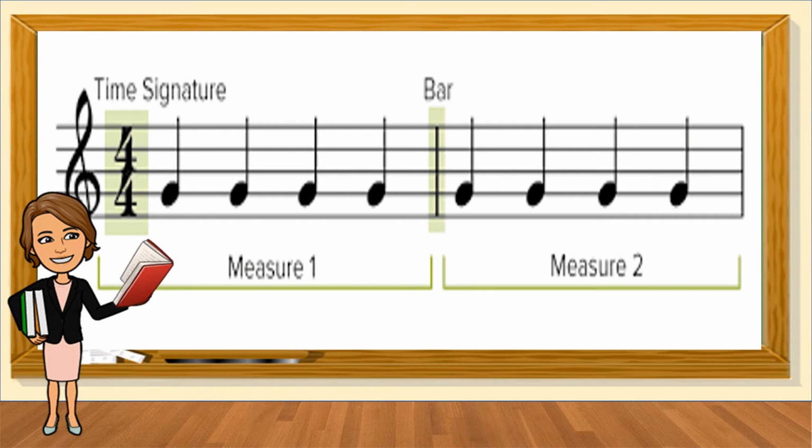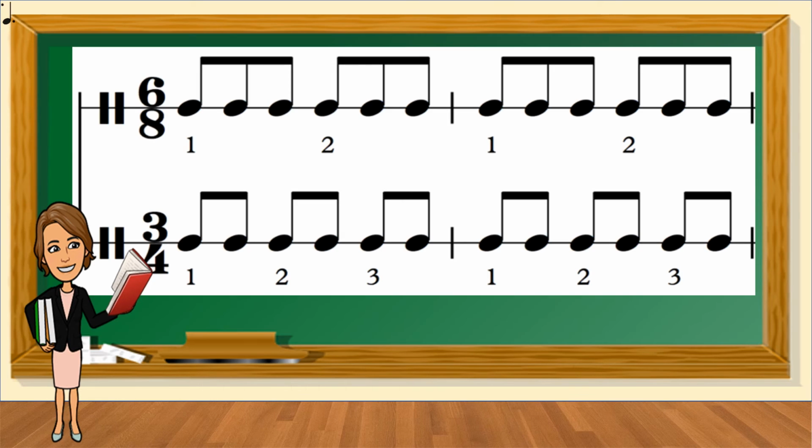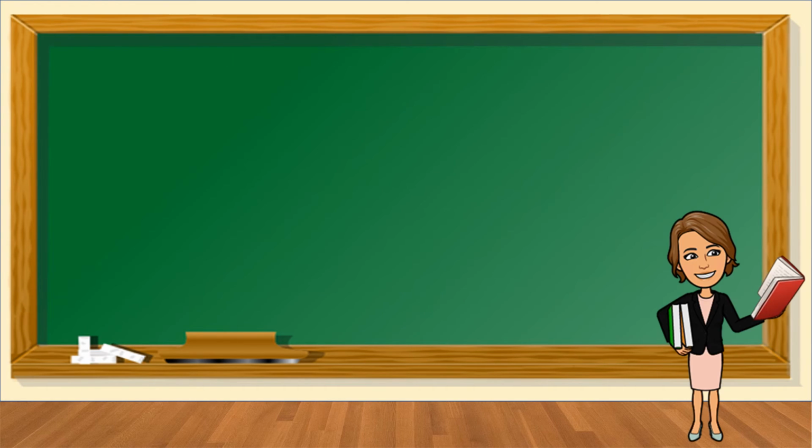Based on the illustration, the time signature is 4/4, and so we have here two measures. Now we have here the time signatures 6/8 and 3/4. There are two measures. Every measure in 6/8 receives 6 beats, while in 3/4 it receives 3 beats in every measure.